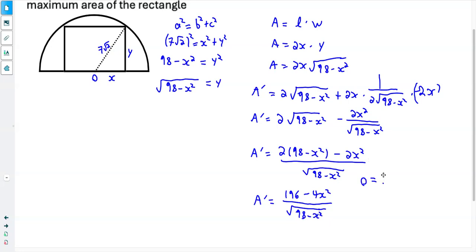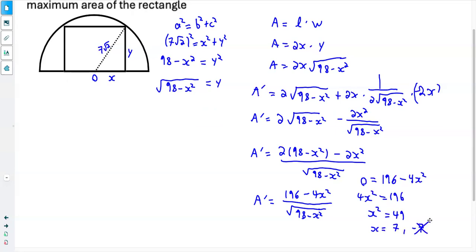So we've got 0 equals 196 minus 4x squared. We'll move the 4x squared to the other side. Divide both sides by 4, which gives us x squared equals 49. And that gives us x is 7 and -7.